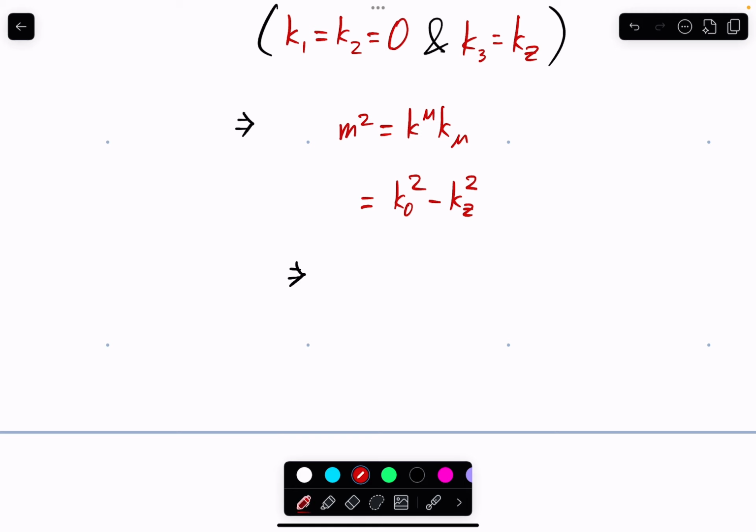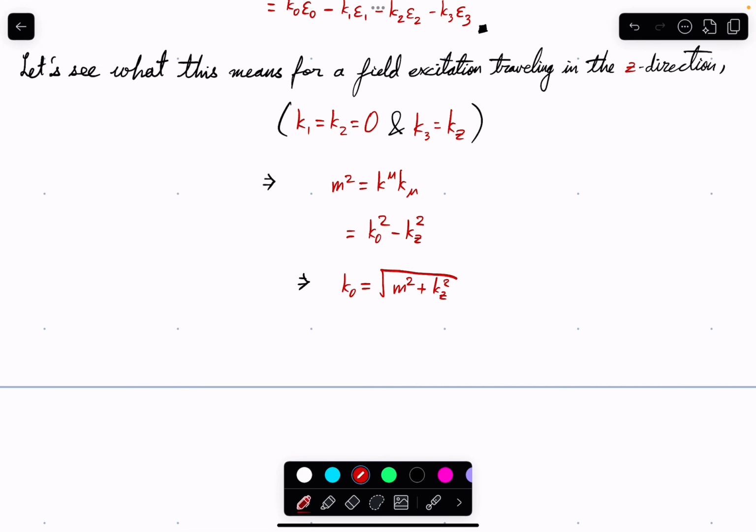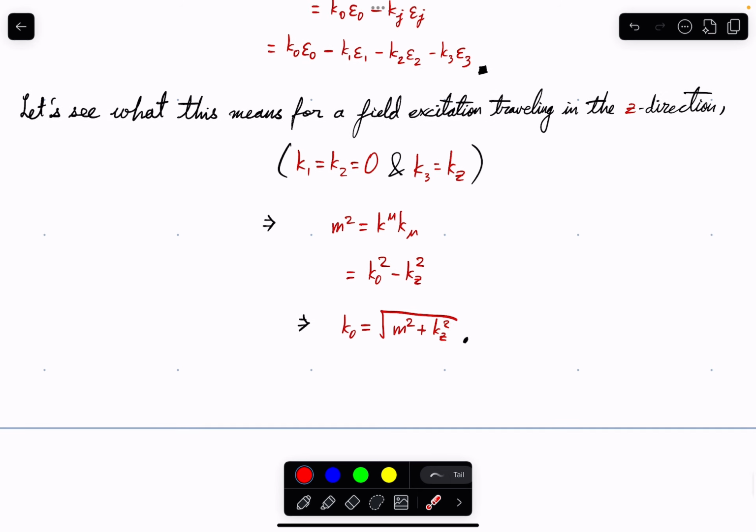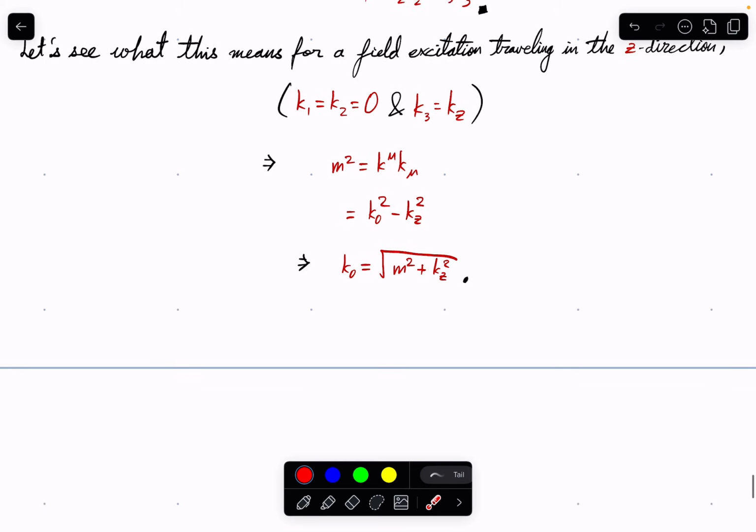Now this implies that k naught, so we can subtract this over to the other side and then take a square root, is equal to the square root of m squared plus kz squared. So the new thing about the Proca equation is that if we have an object moving in the z direction, the time-like component actually depends upon it. Of course, if the mass is 0, then they're actually equal, and that's where we get the whole light-like vectors that we've discussed many times.